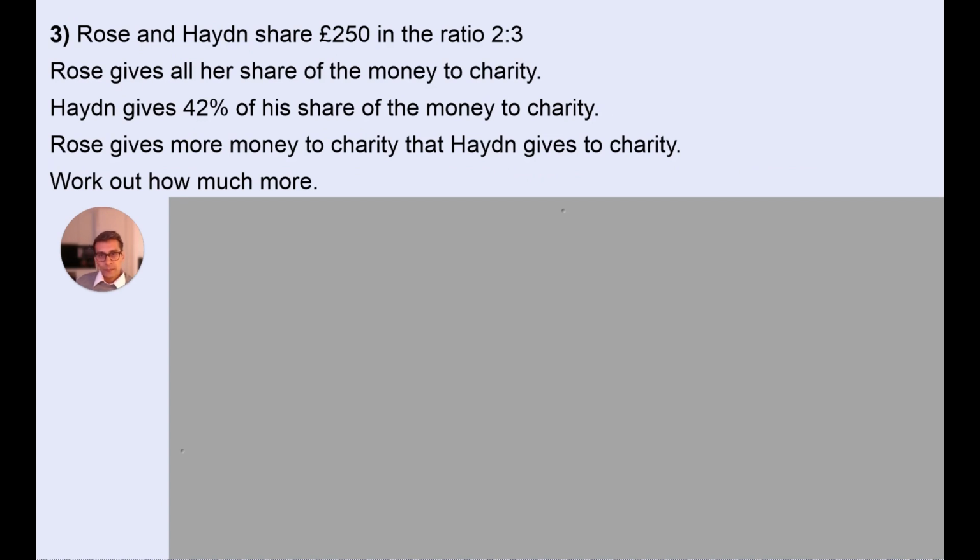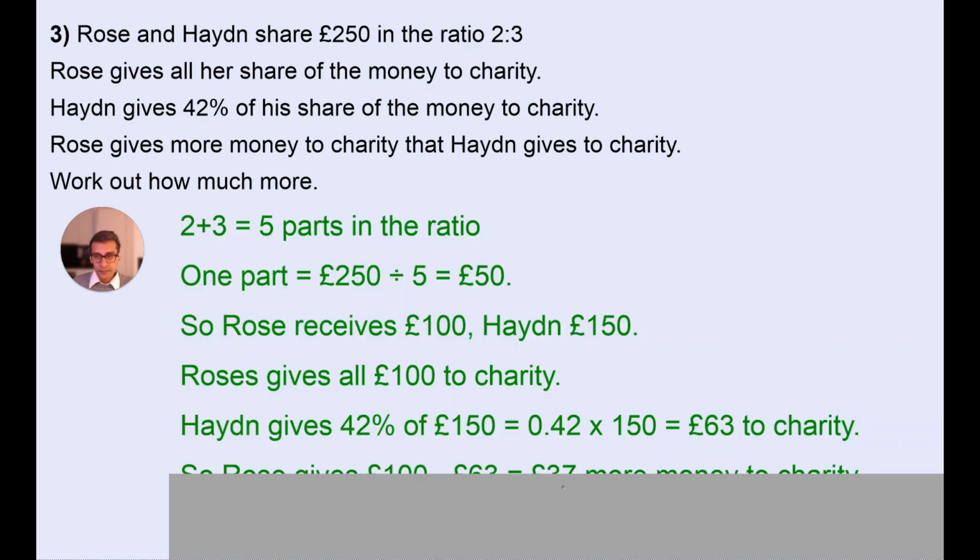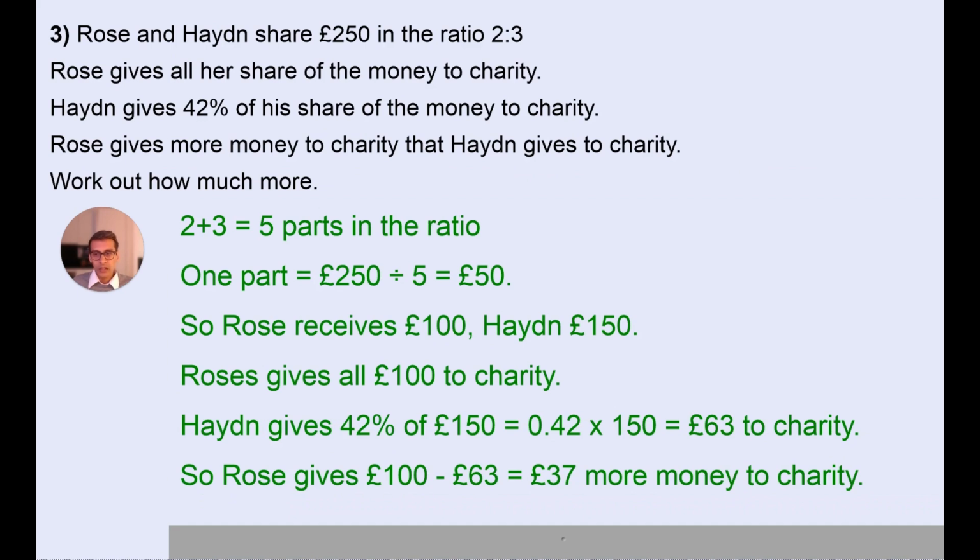For question 3, here's the solution. Work out how many parts there are. Now this type of question, it's really important to draw a box diagram. So it would look like this, 2 to 3, and we know that the total amount is 250. We can then work out what goes in each individual box.